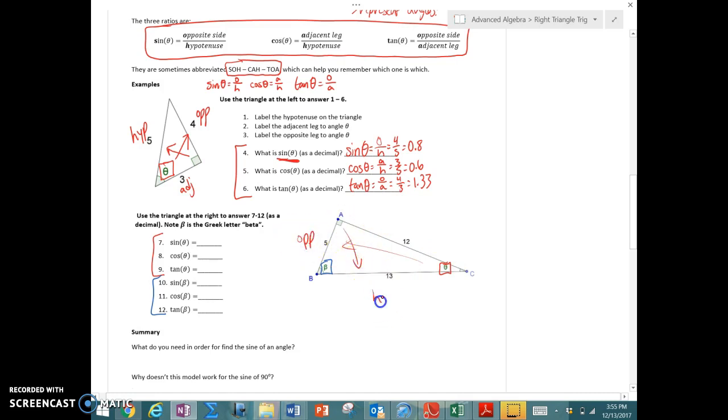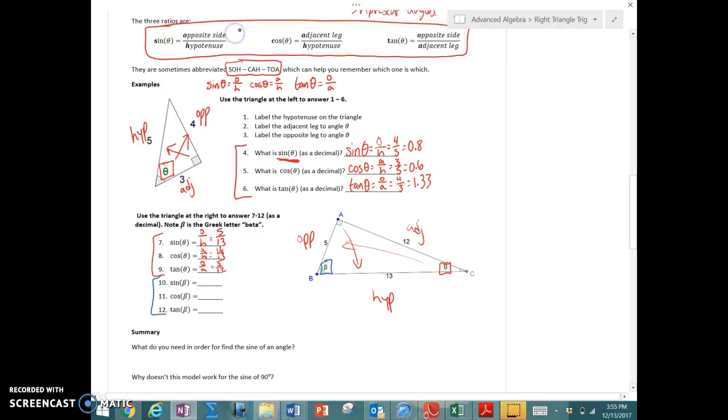The hypotenuse is 13. Therefore, this is the adjacent. So when I find opposite over hypotenuse here, I have 5 over 13. We can convert that to a decimal if we want. Cosine is adjacent over hypotenuse, which is 12 over 13. And tangent is opposite over adjacent, which is 5 over 12.